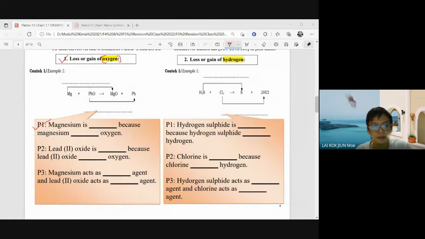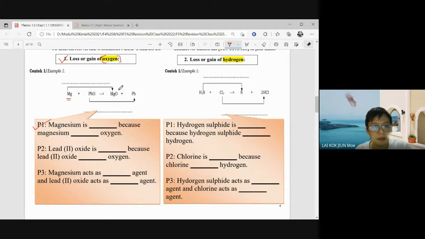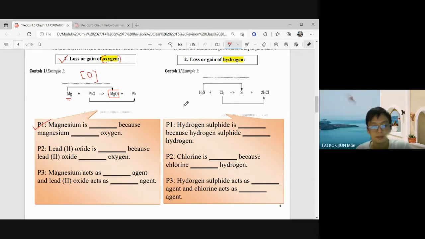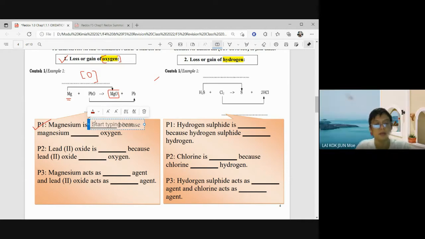Magnesium is what? You see, Mg become MgO. So magnesium undergo the oxidation because magnesium, it's a reducing agent. So magnesium receive or donate oxygen?